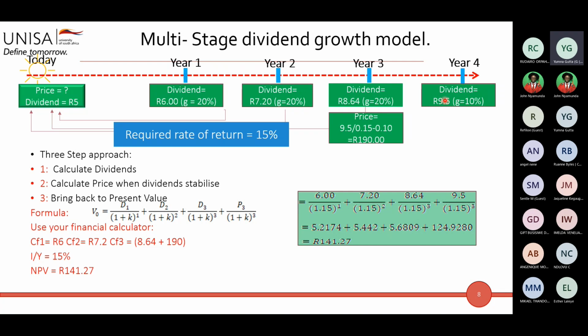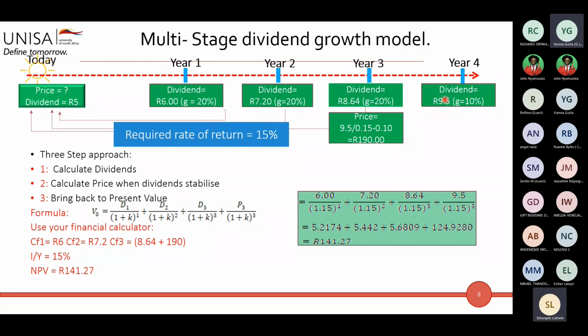So when you are working with a question like this, we use a 3-step approach. Step 1, we calculate the dividends. That's what I did with you right now. Then you calculate your price when dividends stabilize. So how do we calculate the price? That's step 2. We said our dividends in year 4 are 9 Rand 50.